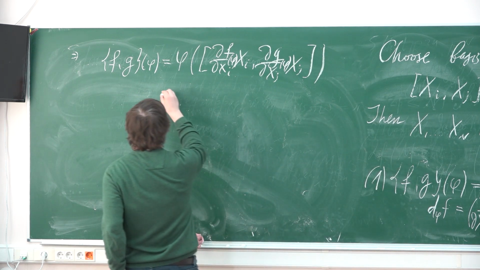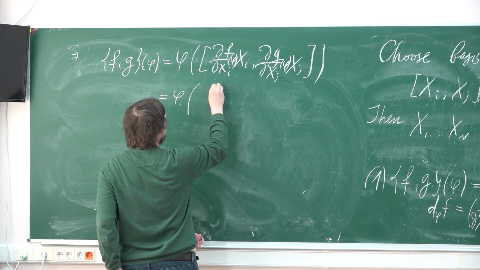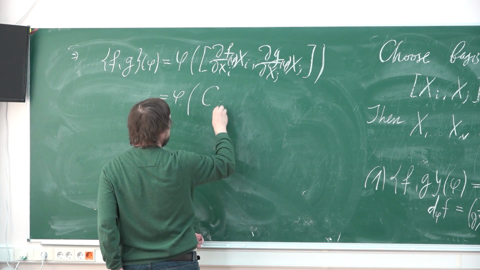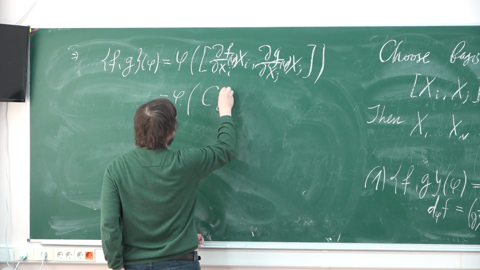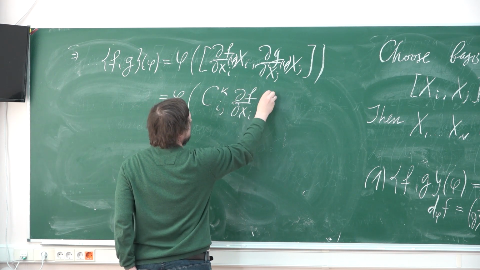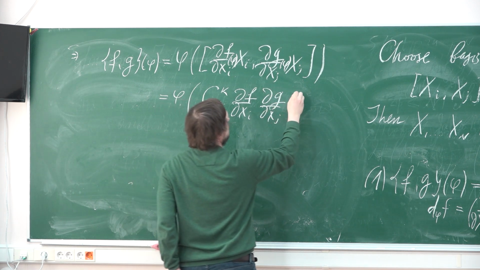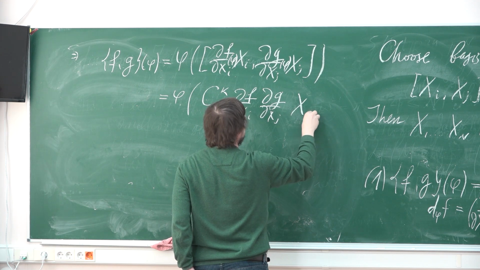So what we get is phi applied to the sum over i, j, and k of C i j k, df dxi, dg dxj, xk, right?